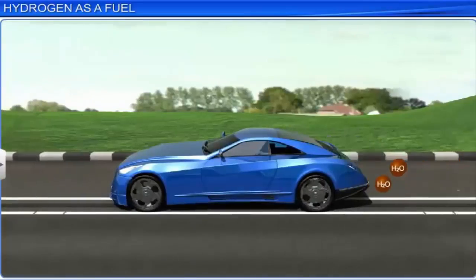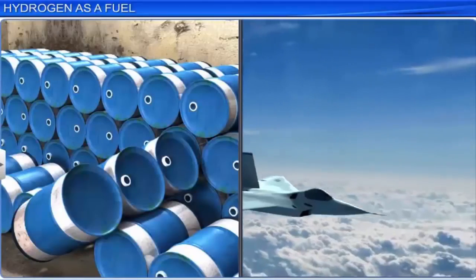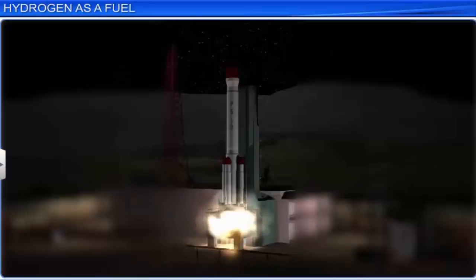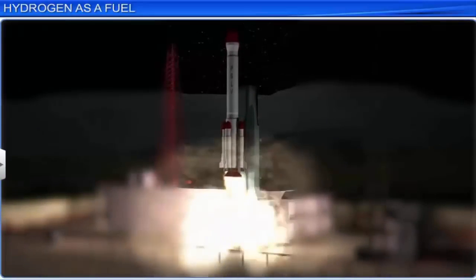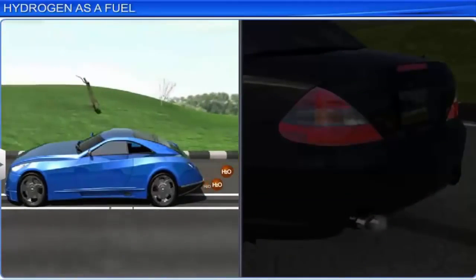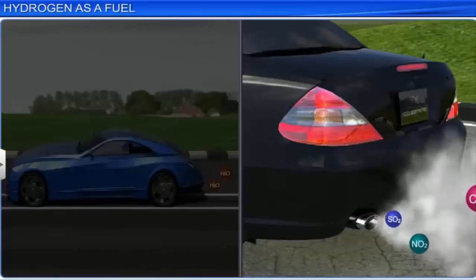It yields almost double the energy provided by jet fuels. For example, liquid hydrogen is used as a rocket fuel. This fuel has water as its product instead of harmful carbon dioxide, sulfur dioxide, and other hydrocarbons.